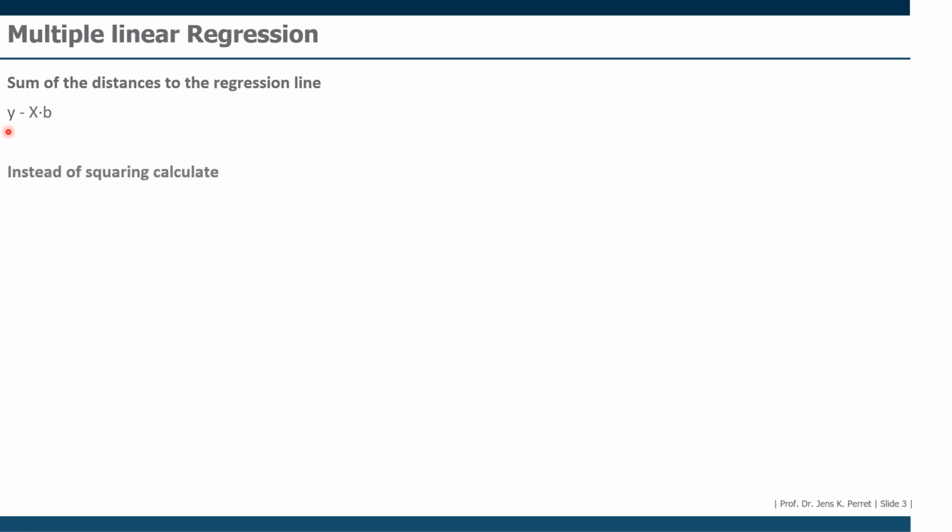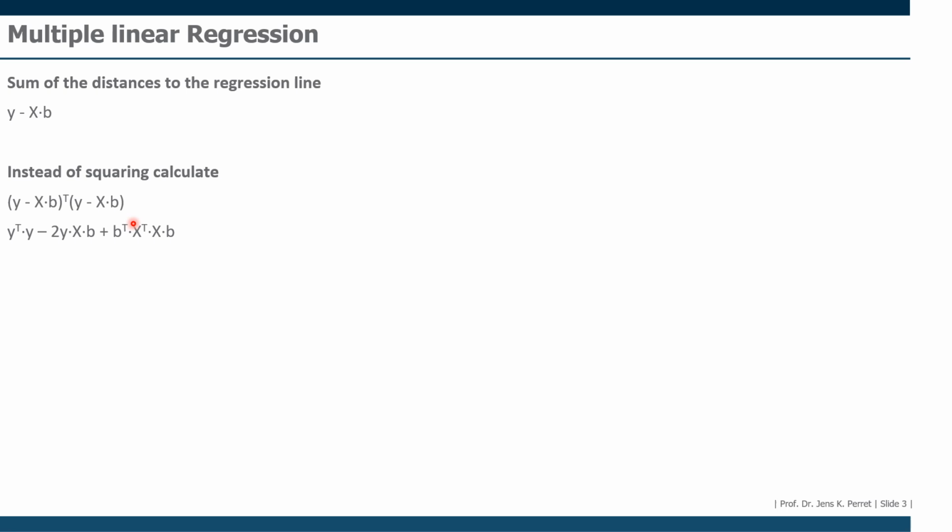So we simply calculate this part, and then we're going to, well, not really square it, but use the matrix-vector equivalent of a square, which is multiplying the transposed with the expression itself. This acts like the square of the difference. That's similar to what we did in a normal simple linear regression. We take the difference between y and the estimated values, so the regression line, and we square the result. That's more or less the matrix-vector equivalent.